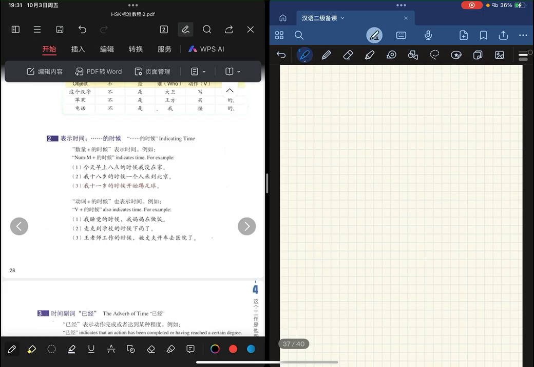The second grammar point is indicating the time. Indicating the time is 什么什么的时候. We use this to indicate the time.